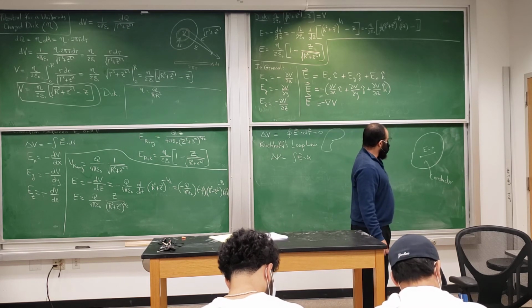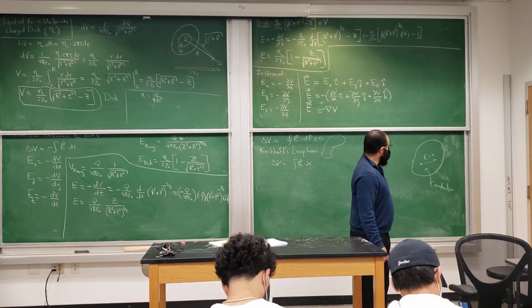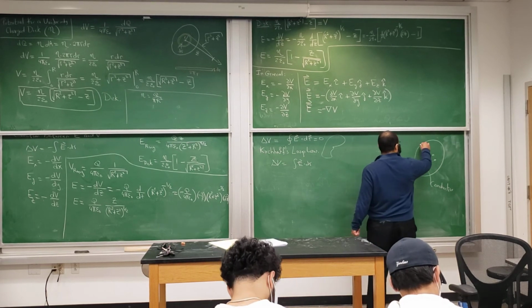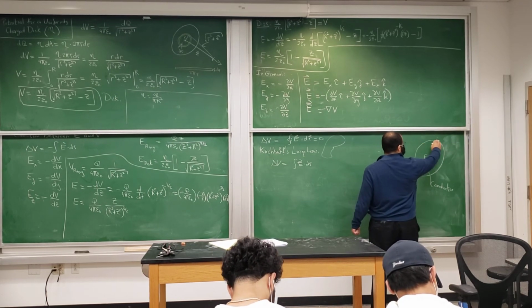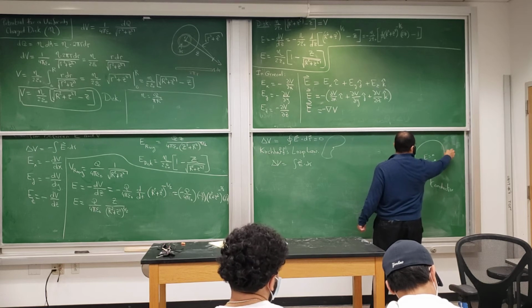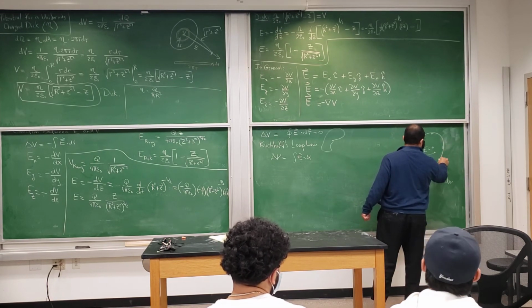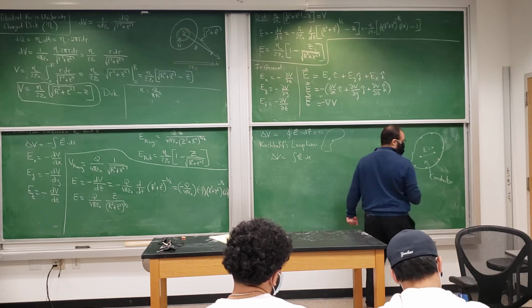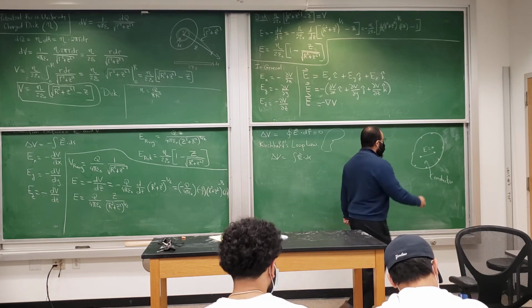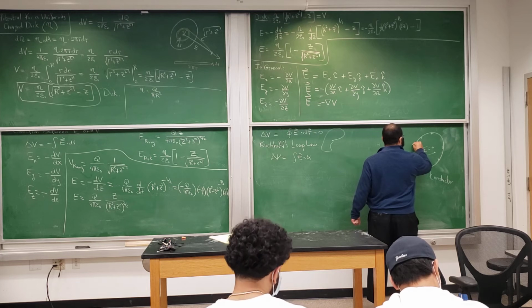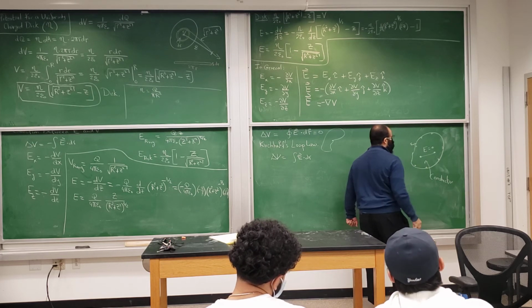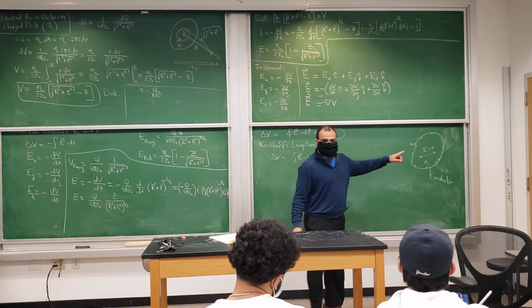Another thing that we said about a conductor was the electric field is always perpendicular. If there is excess charge, that charge will sit at the surface, and the electric field is always perpendicular to it. Does anyone remember what the argument was to show that it's perpendicular?